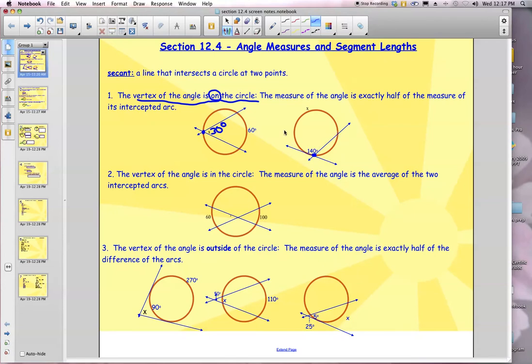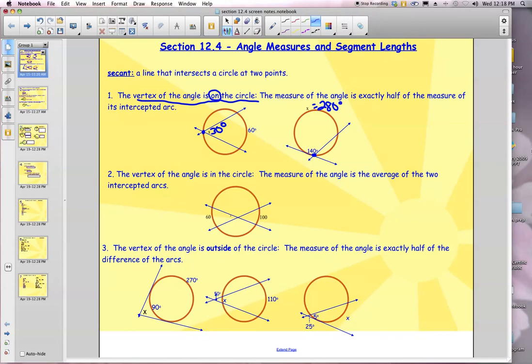The intercepted arc goes between the 2 chords, so it's this entire arc here, and the angle is half of the arc. So since 140 would be half, the arc itself would have to equal 280 degrees.